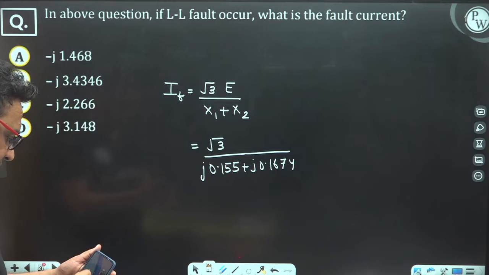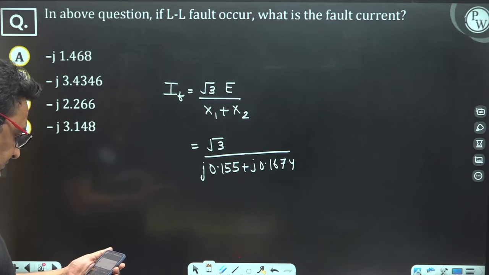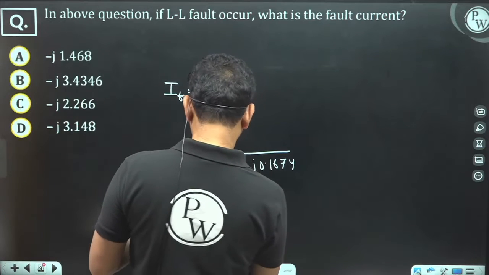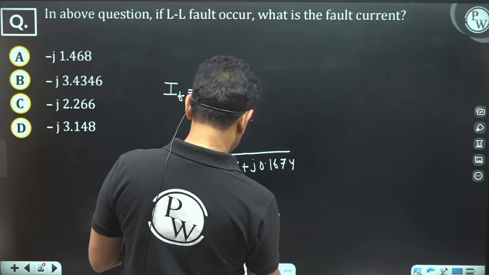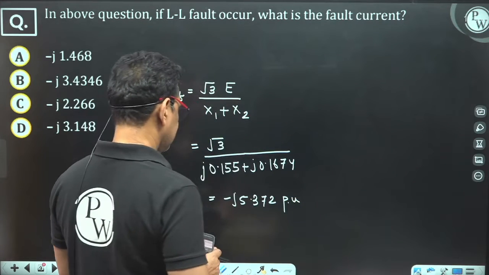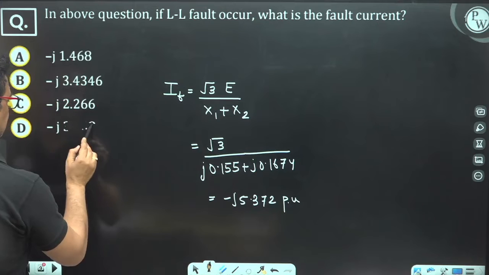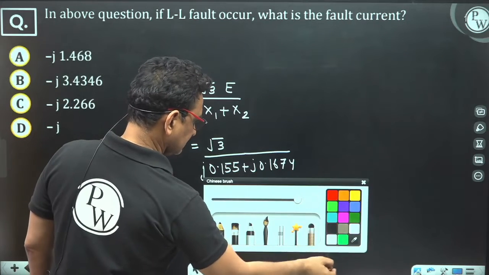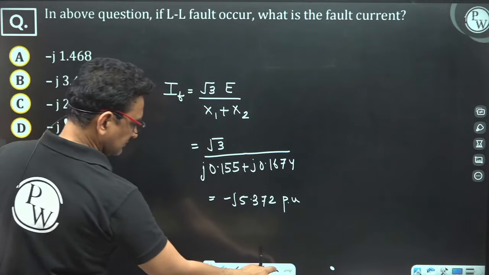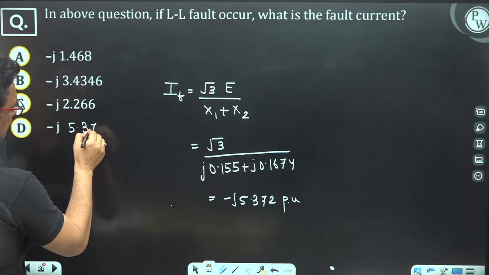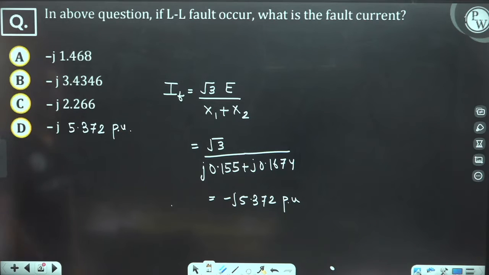Calculate this value: root 3 divided by 0.155 plus 0.1674, which is minus j 5.372 pu. 5.372 pu is the right answer. 5.372 is the right option.